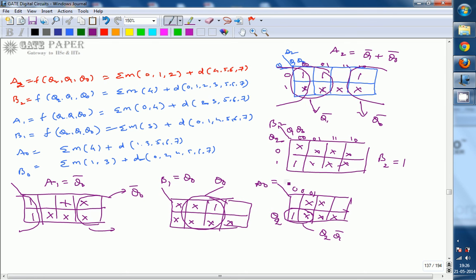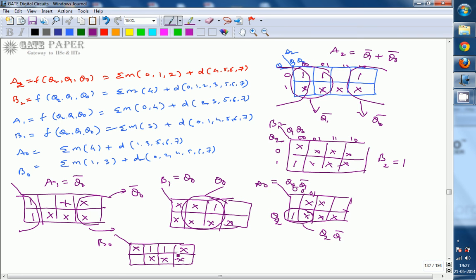And similarly, if you are going for the last one, b naught. For b naught, 1 and 3 are both ones, and 0 is don't care, 2 is don't care, and 5, 6, 7 are going to be don't cares, so you can only go with this one.